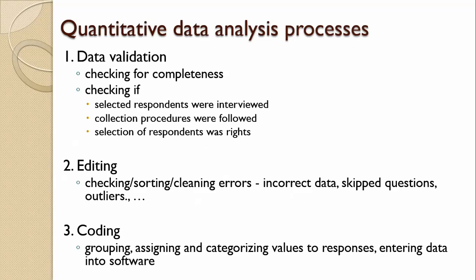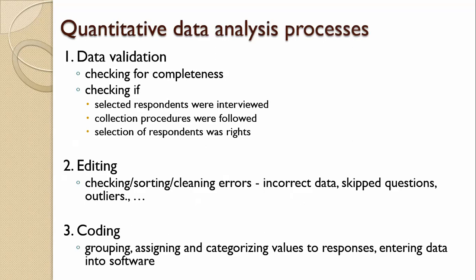So after you collected your quantitative data, let's say from a survey, you check for completeness to see if the information is complete. Check if the selected respondents were able to be interviewed. Check if the correct procedures were followed by, let's say, research assistants or anyone who was collecting data. And then you check whether selection of respondents was rightly done.